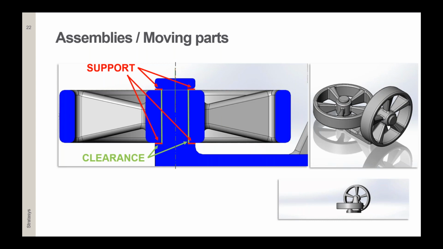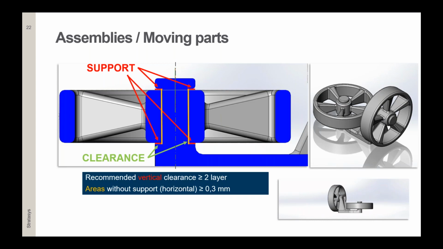Horizontal clearance without support material is marked yellow here in this example. The recommendation is that on vertical clearances where the support material will go, we should have a 2-layer or higher clearance, depending on how tight we want our part to move. In areas without support, or horizontal clearances, we usually have around 0.3 millimeters or a little bit more.